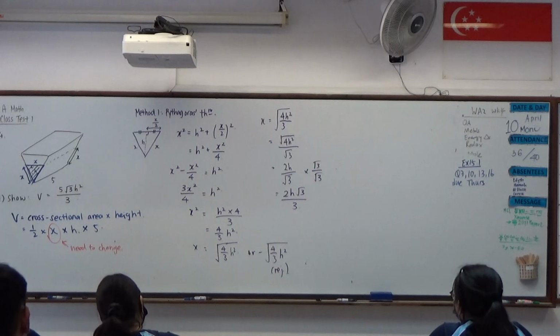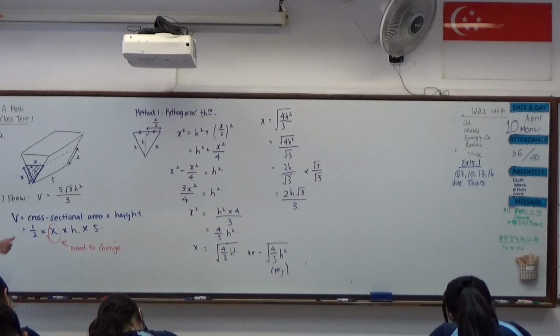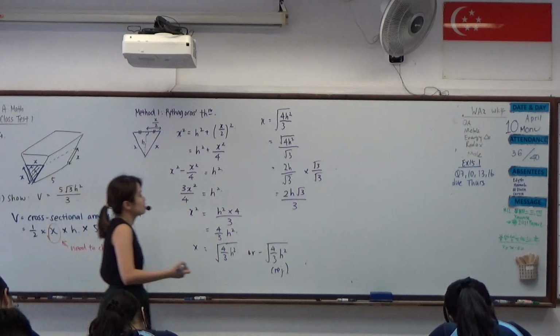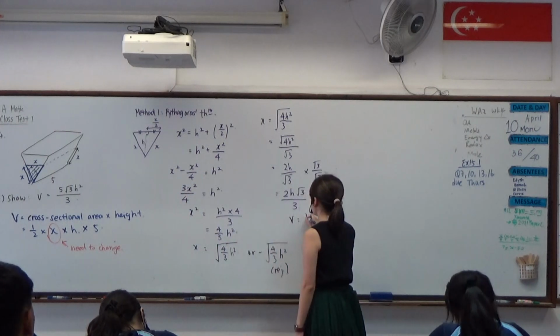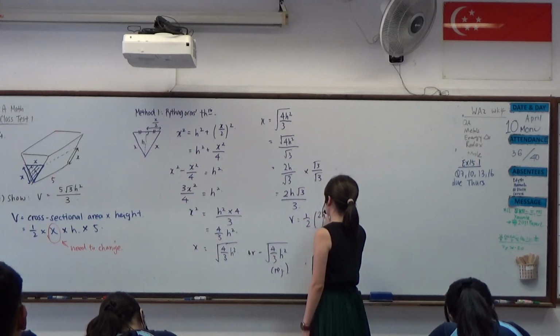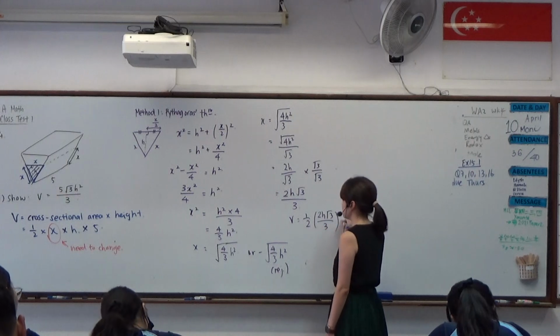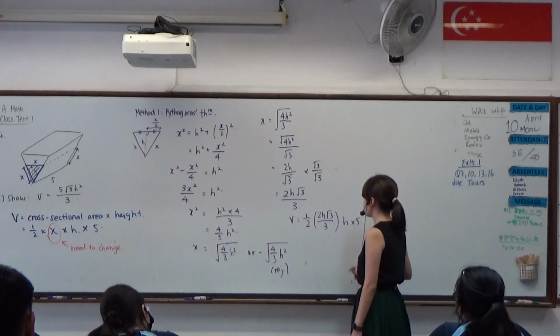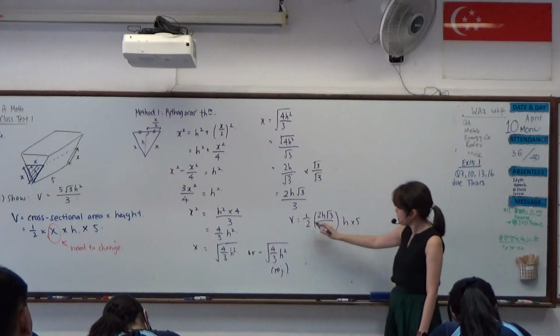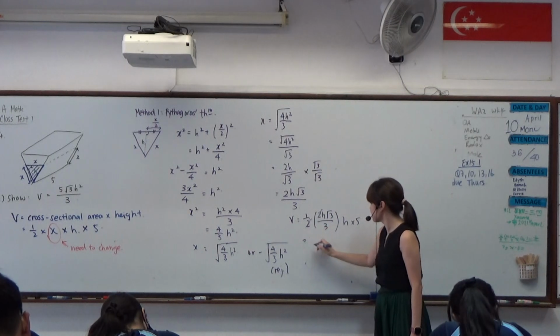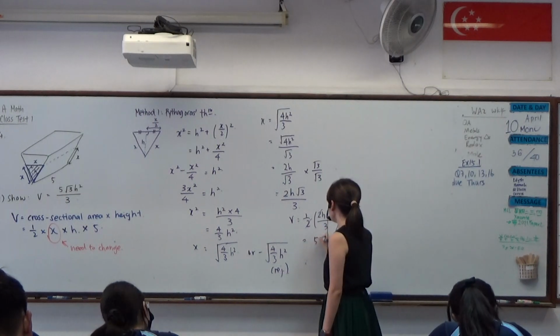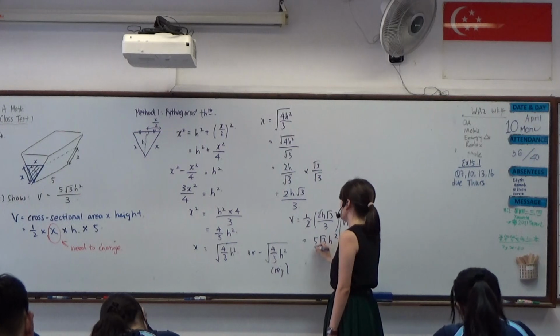Okay, so now that we have already prepared the x in terms of h, I just sub it back in. Okay, so I can cancel away the 2's. I will now have my 5√3h squared over 3.